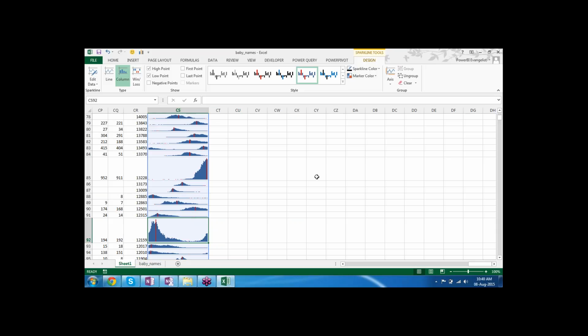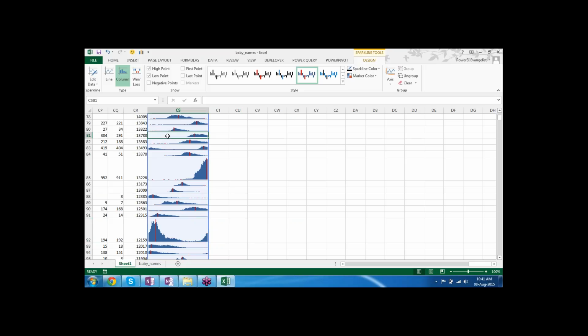So this Sparkline gives us a very good way of taking those options. We can change the color. We can also use first point and last point, where it started and where it is the last point. All those things we can put within the chart. So it's a miniature chart which has great application.